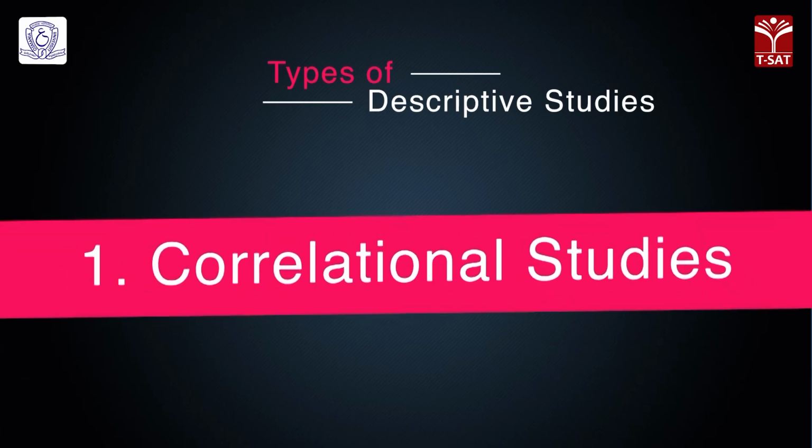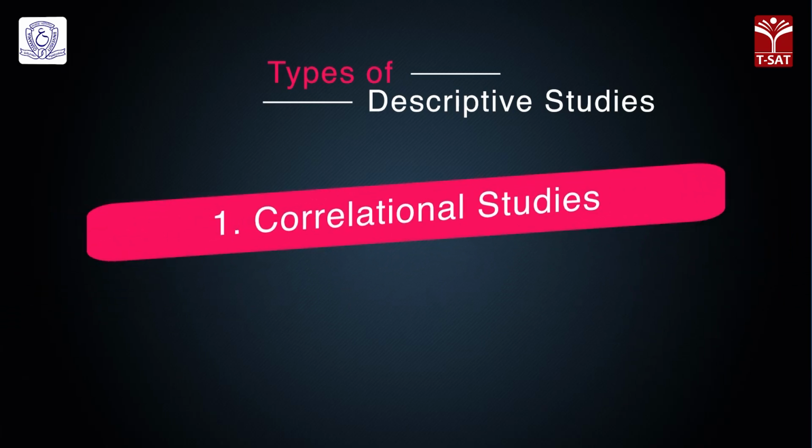We begin our understanding with correlation studies. As already mentioned earlier, they use data from entire populations to compare disease frequency between different groups during the same period of time, or in the same population at different points of time.